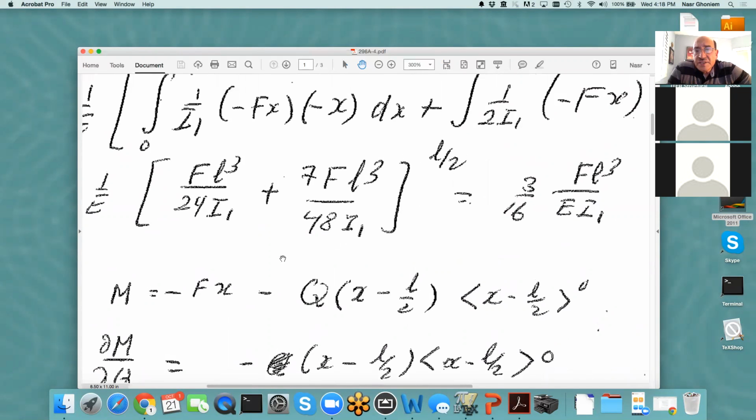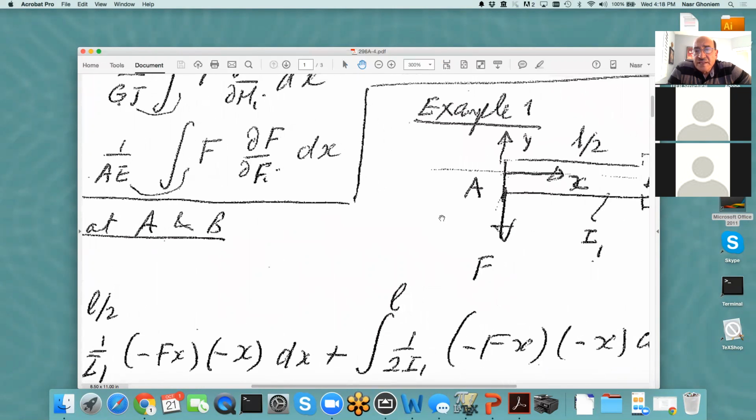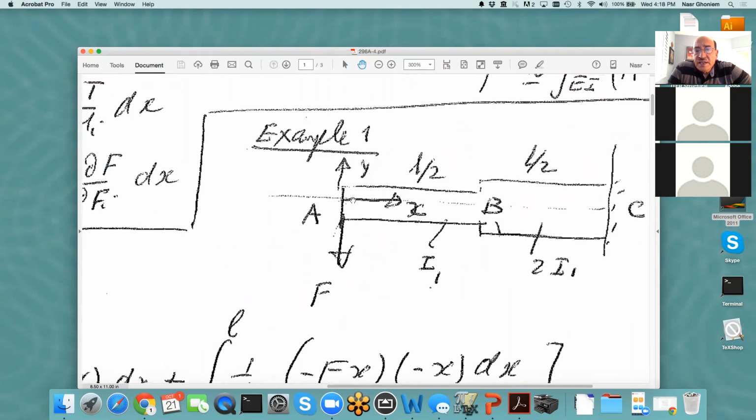So one single equation, it means that I have a concentrated force at A, so F is down at A, and then another concentrated force at B, which is Q, and then a reaction here at C, which I'm going to not include because I'm writing the moments from A to B and B to C.